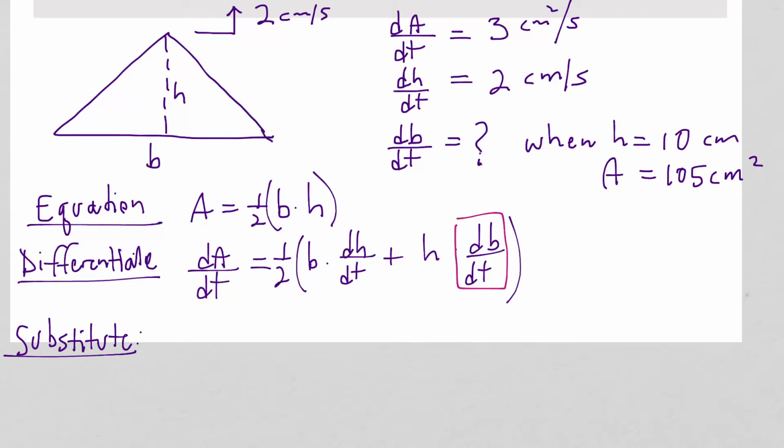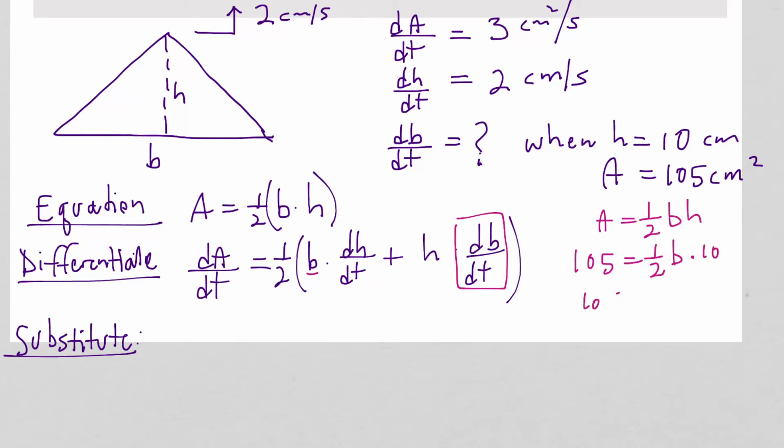So the only thing we need to calculate is the base, and we can do that knowing area is equal to 1/2 base times the height. At the instant we're interested in, the area is 105, the base we need, and the h is 10.